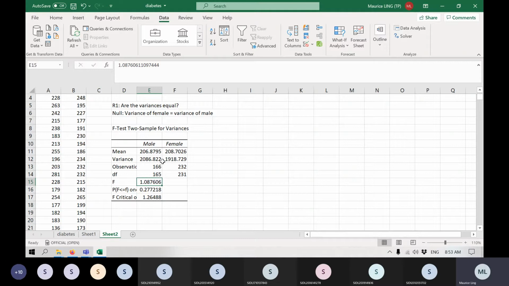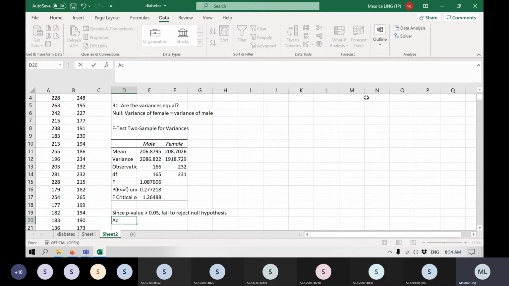Now this is the p-value. So there is a 27.7% chance that the null hypothesis may be true. Therefore, we can assume that we cannot reject the null hypothesis. We will say something like this: since the p-value is more than 0.05, we fail to reject the null hypothesis.